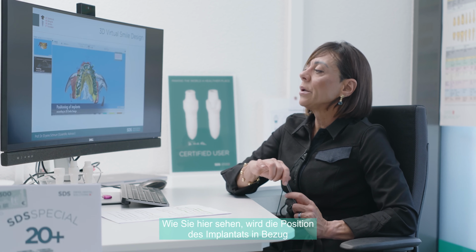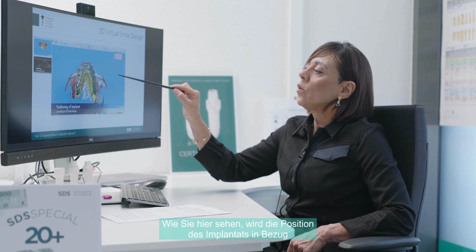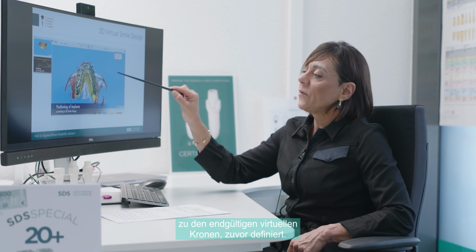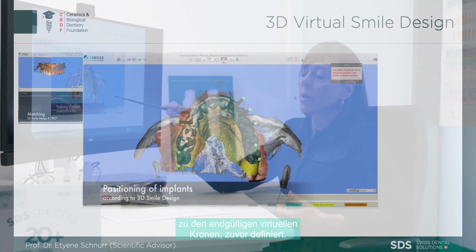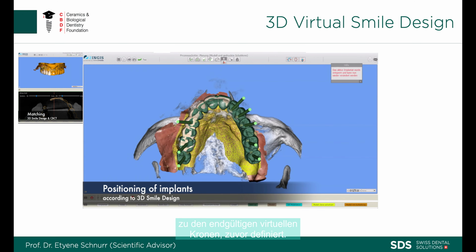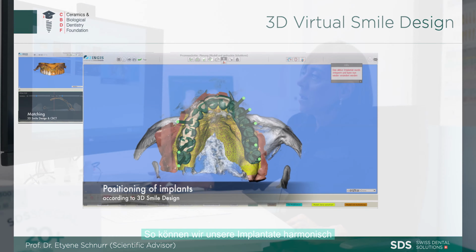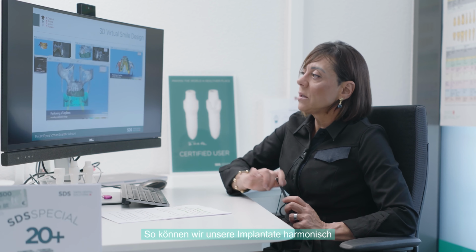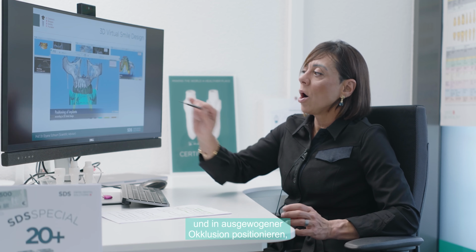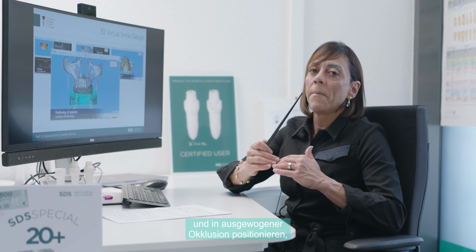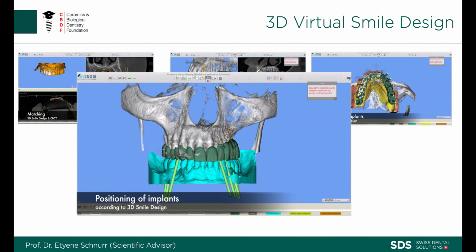As you see here, the implant position is defined with respect to the definitive virtual crowns that were previously defined. This allows us to position our implants in harmony and in balanced occlusion, avoiding, for instance, failures related to overload.